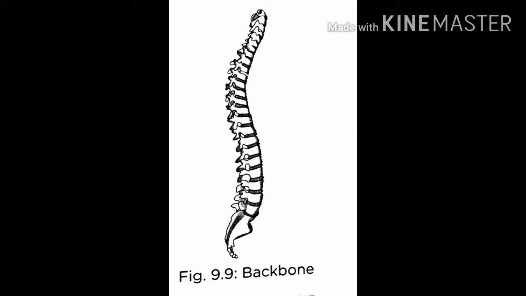Our backbone is made up of a number of small bones called vertebrae, 33 small bones. This is the reason it's called a vertebral column. The small vertebrae join together to form a vertebral column.